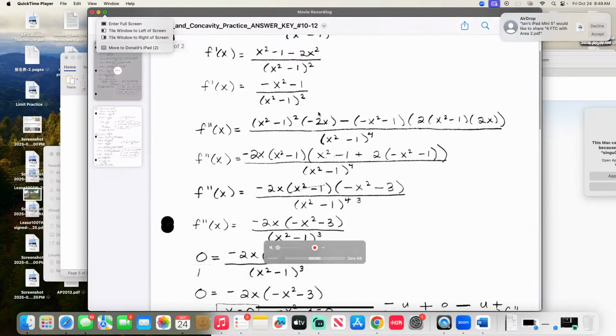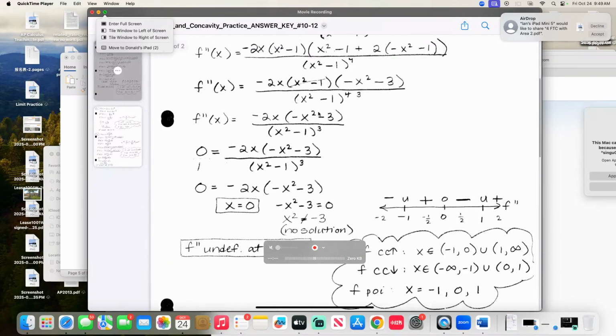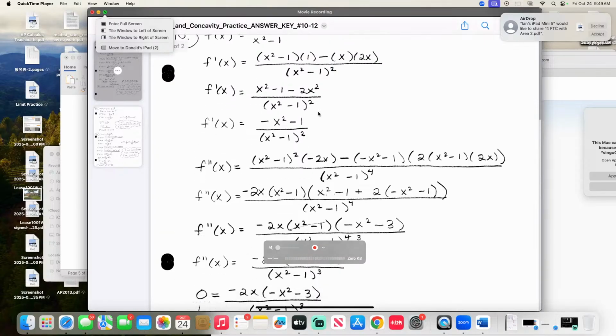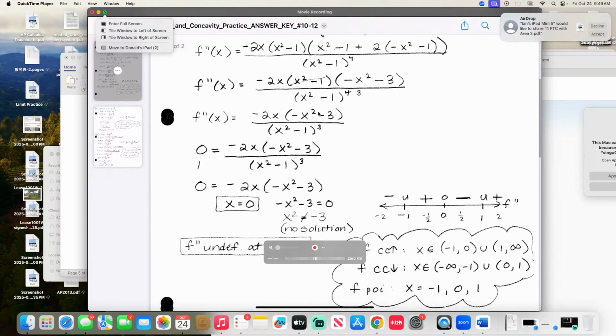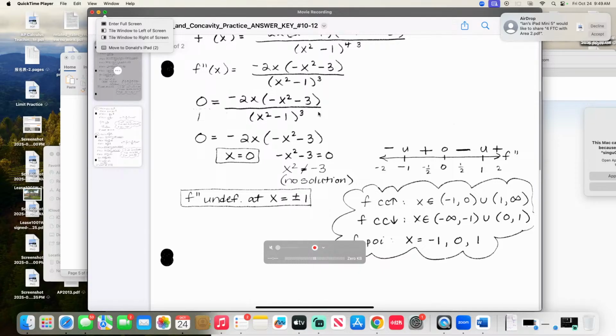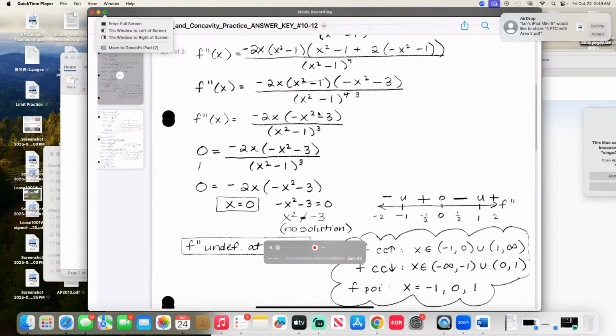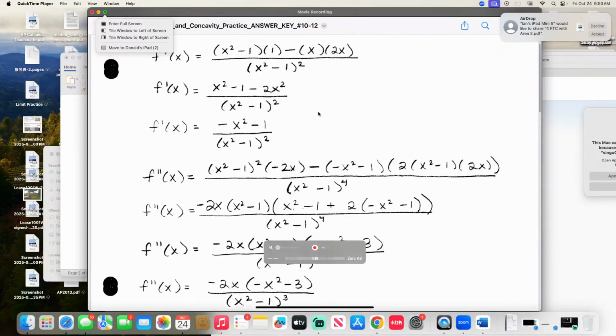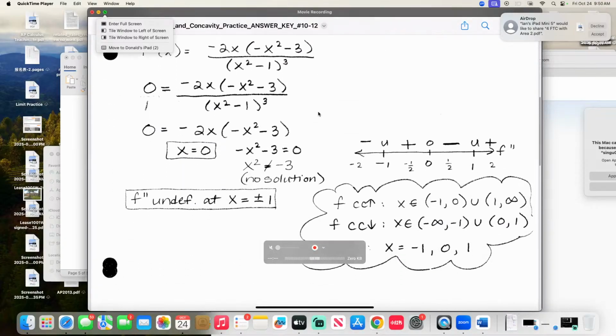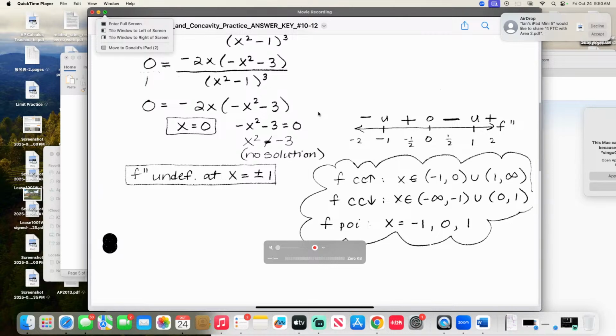This is the answer for the other one. This is a lot of work because the second derivative is kind of a pain. This is what you get. Did anybody get through all that? It's very difficult. You did that? All right, nice job.